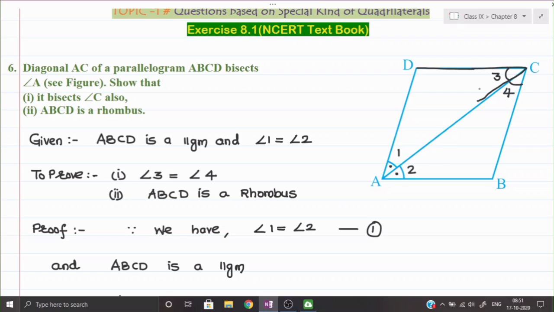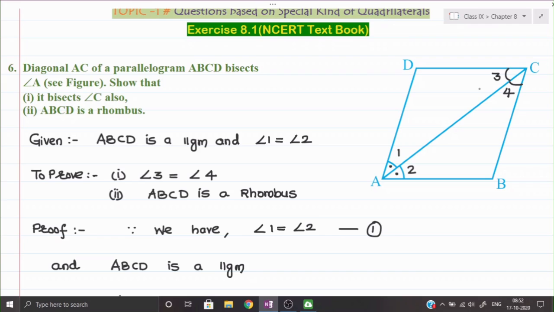Okay, so we can say that here angle 2 and angle 3 are alternate angles. And in the same manner, AD and BC are also parallel, because it is a parallelogram. So another pair will also be parallel, and hence angle 1 and angle 4 are also alternate angles, and these alternate angles are equal because the lines are parallel.